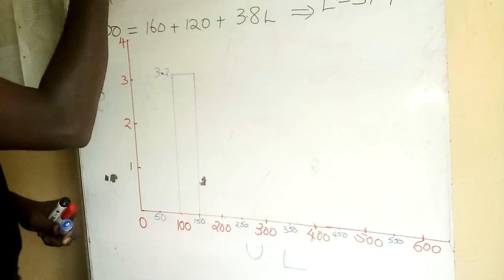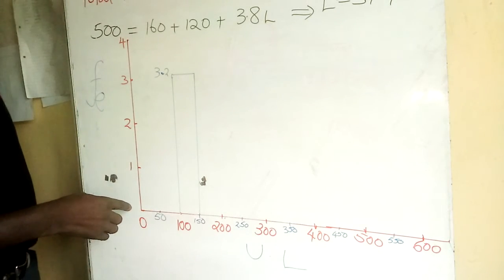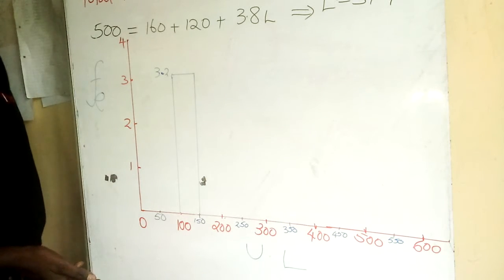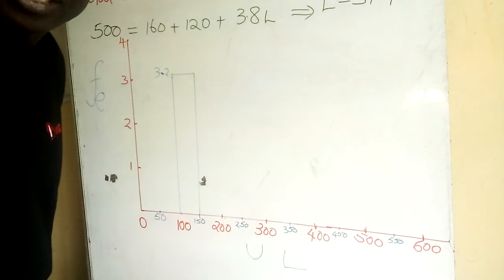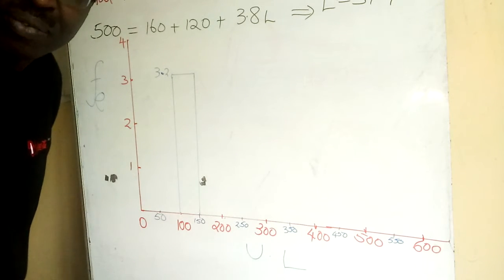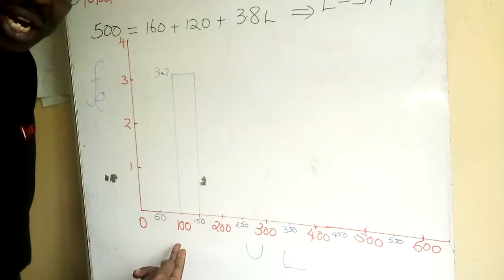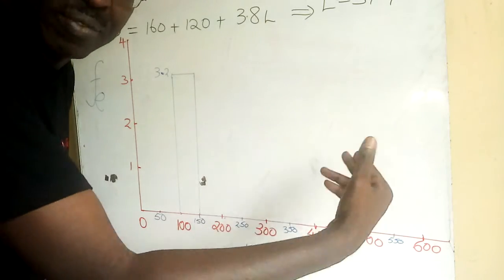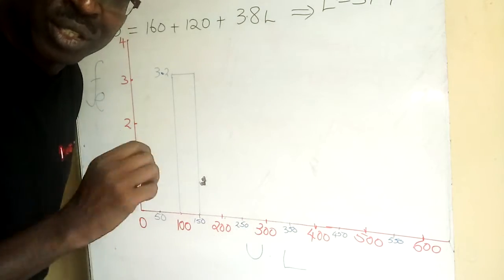Now, for frequency density, the highest is 3.8, so I choose a good scale which takes me up to 4. The upper limits run up to 600, so I need 0, 100, 200, 300, 400, 500, 600. It is not wrong.